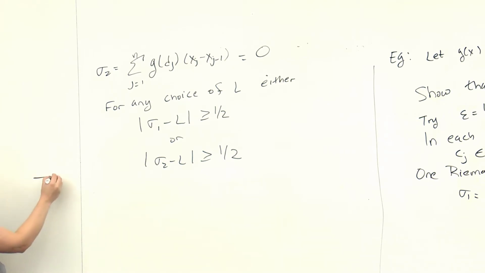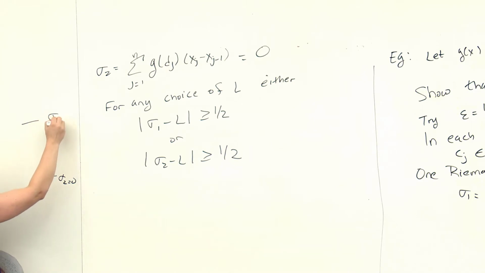Sigma 2 is down here at 0, and sigma 1 is up here at 1. If L is some value in between them, at least one of these intervals is going to be bigger than a half. L may be down here close to 0. If it's close to 0, then it's not close to 1. If it's close to 1, then it's not close to 0.